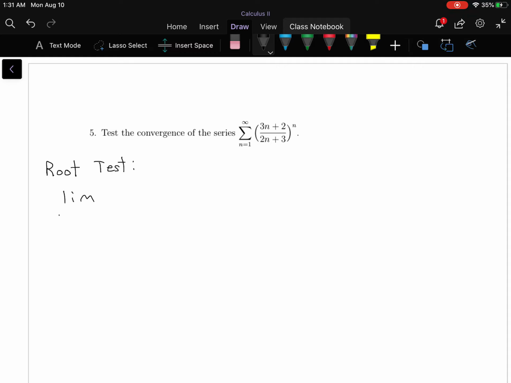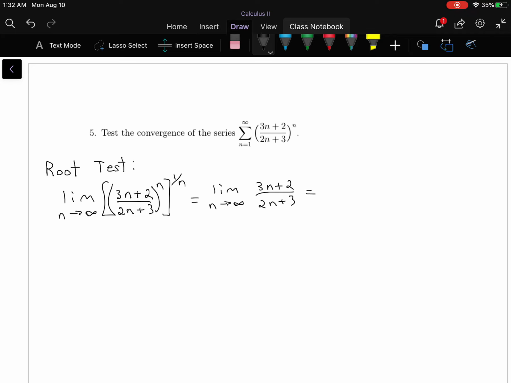I want the limit as n goes to infinity of 3n plus 2 over 2n plus 3. This is to the nth power, and this in turn is to the 1 over nth power, which gives me the limit as n goes to infinity of 3n plus 2 over 2n plus 3.